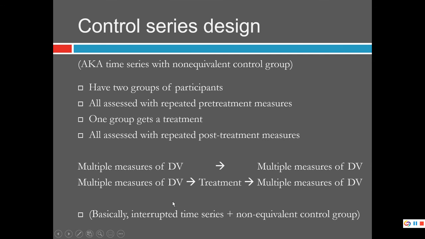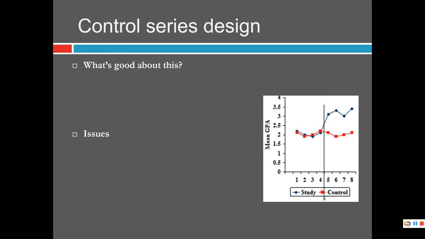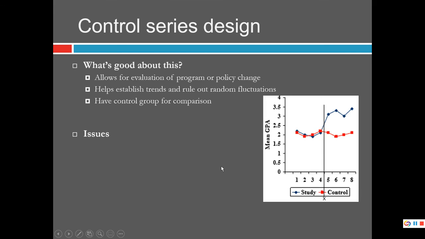So again, like I've kind of already said, it's an interrupted time series design adding this non-equivalent control group element into it. So again, you're not randomly assigning people, unfortunately, but you are basically doing as much as you can to control things. So the added benefit here is that you are adding this control group for comparison.